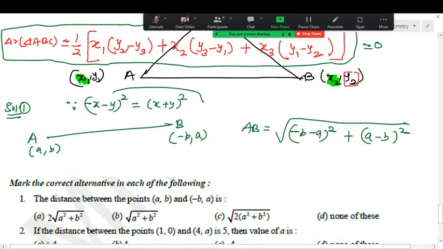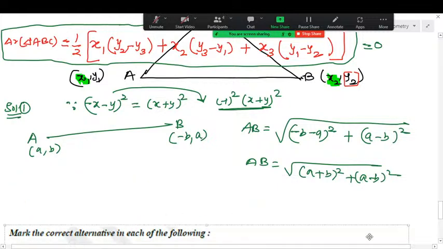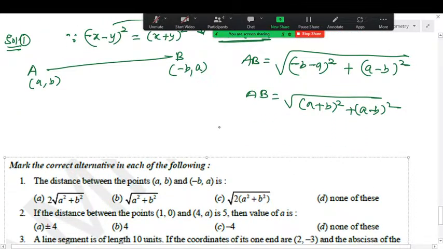Why do you say so? Because you take minus 1 as common, and you will get like this. That is equivalent to this. And here we can hence write it as a plus b whole square plus a minus b whole square. And further, you can apply the algebraic identities and tell me the answer.